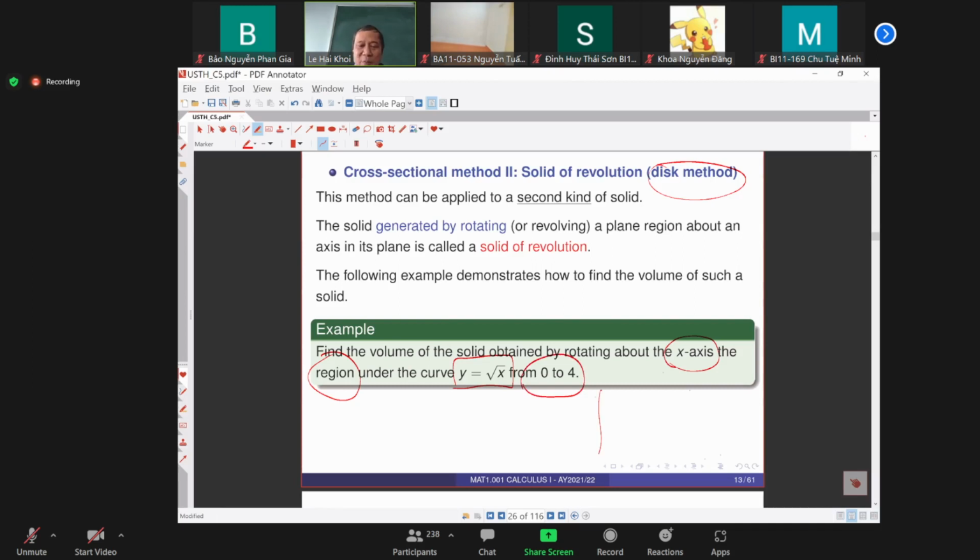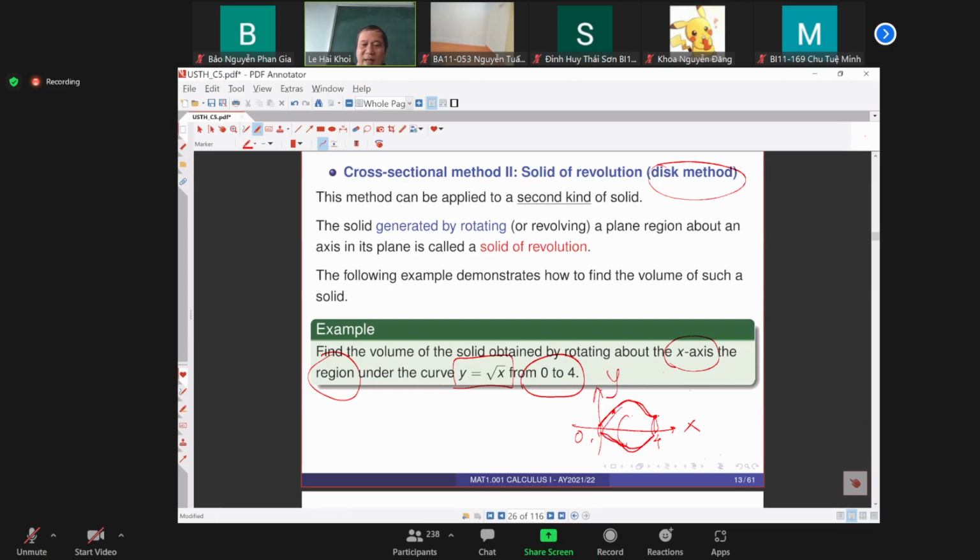Which means when you have x, y like this, suppose you have some curve from 0 to 4, and 4, 0. Then you rotate about the x-axis. In this case, you have this picture.